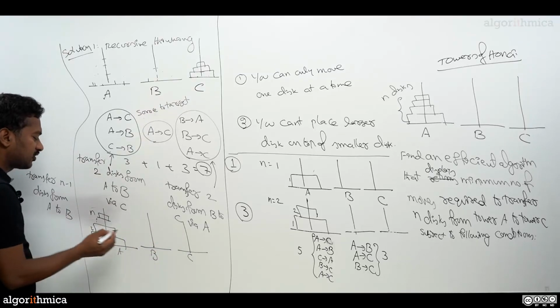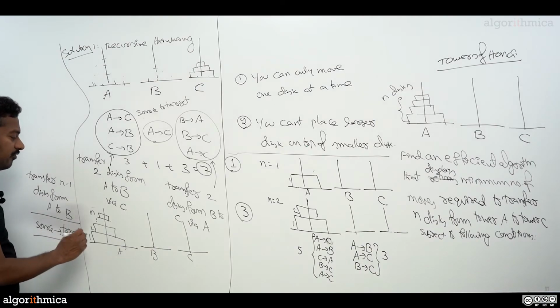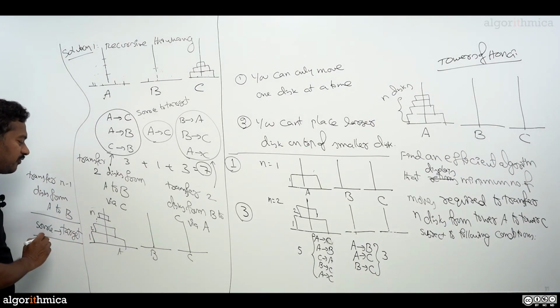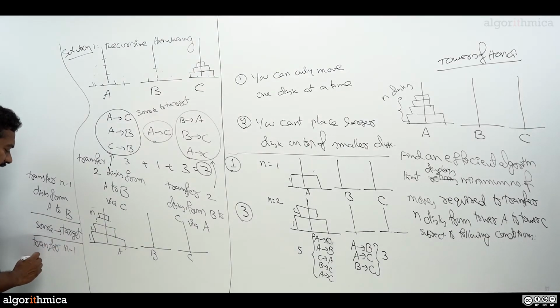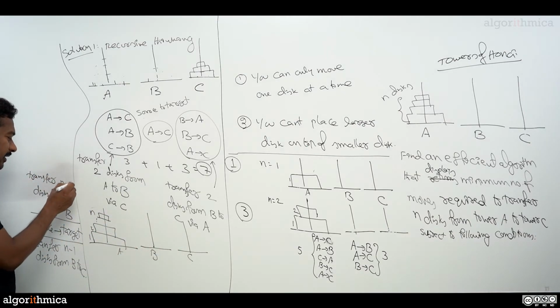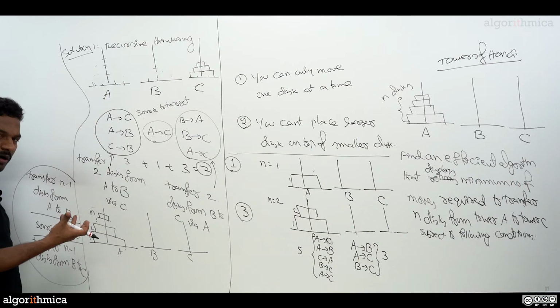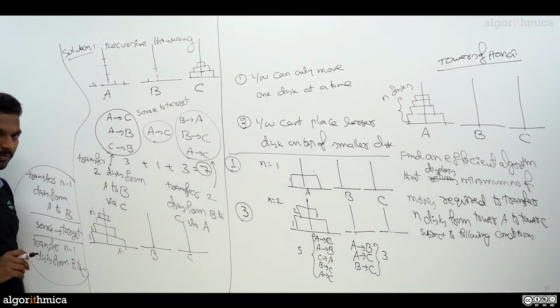Then my largest one has to move, so obviously from source to target, one move has to be done, followed by transferring the remaining n minus 1 disks from B to C. Then we get the complete solution. So this is our actual logic of reduction, and how to use sub problems to get the final answer to the complete problem.